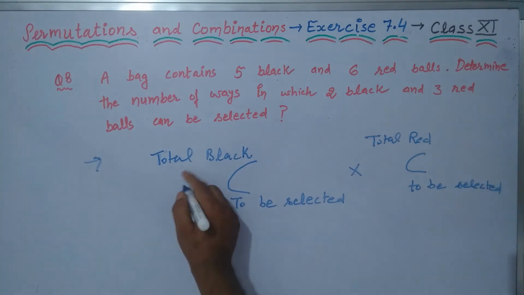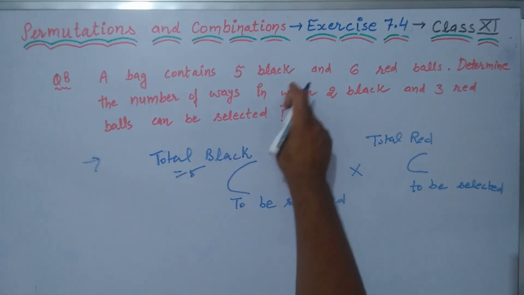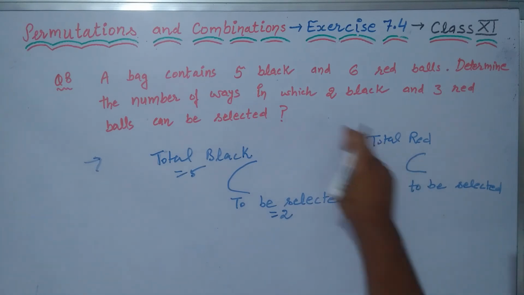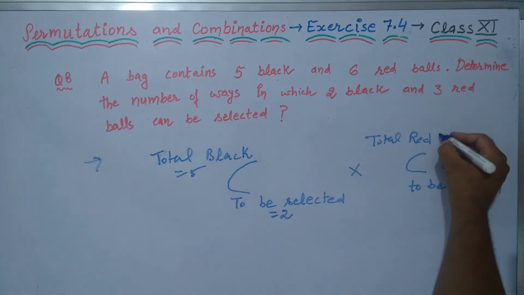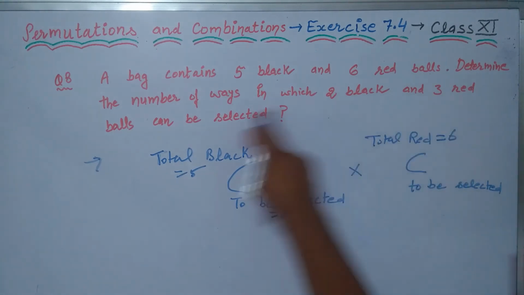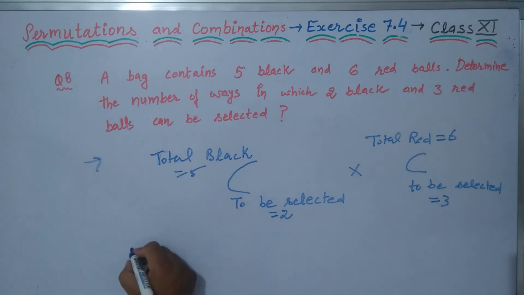So what we have here, total black balls are 5 and out of which 2 are to be selected. Similarly, there are total 6 red balls and 3 are to be selected. So this way we solve the question.